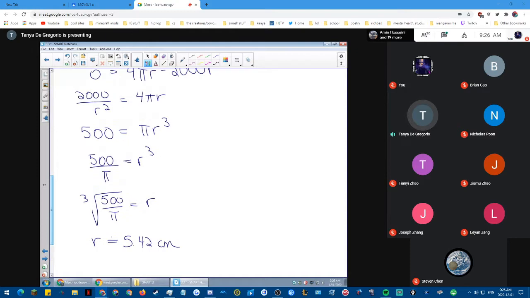Now that I know r, I have to find h. And we know that h equals, I can't see it, 1,000 divided by pi r squared. Oops.